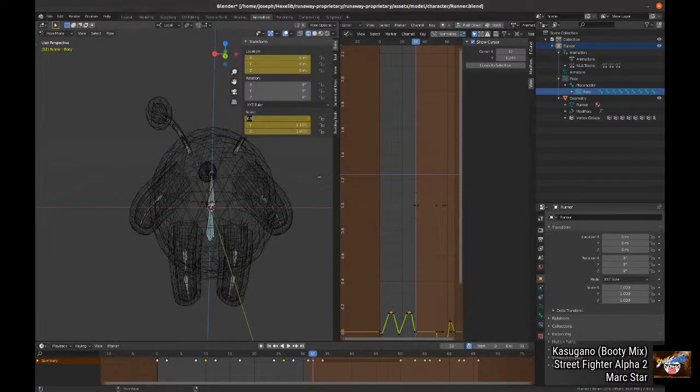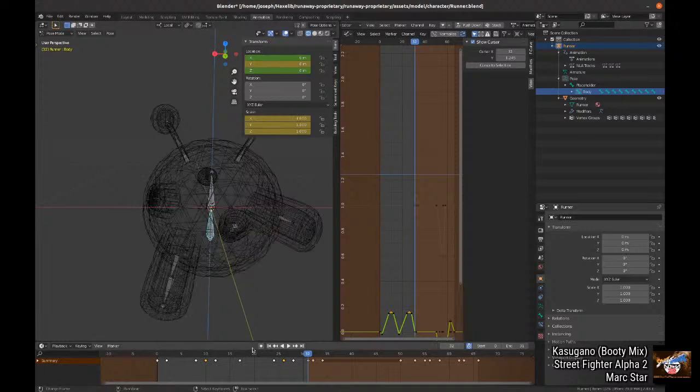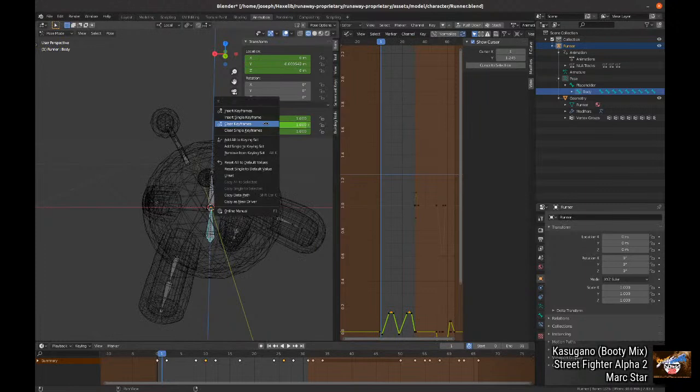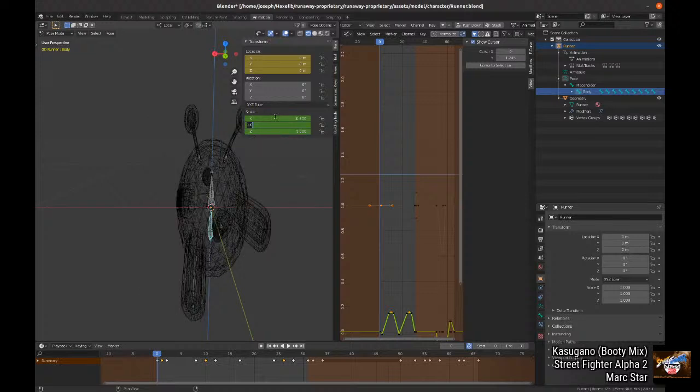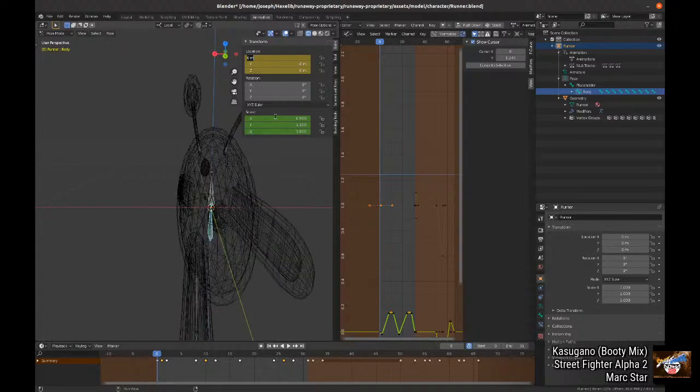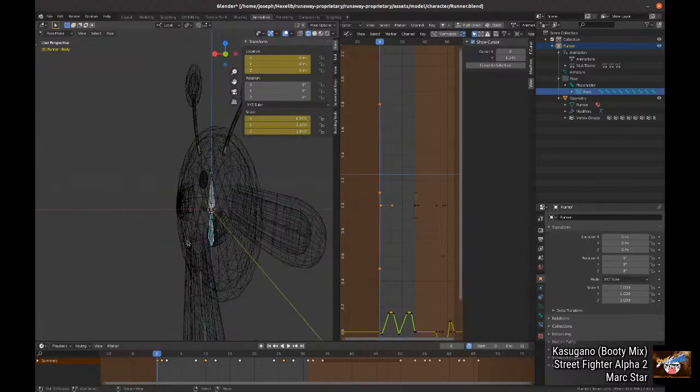Okay. Yeah, we are just going to have a very squished runner for a single frame.